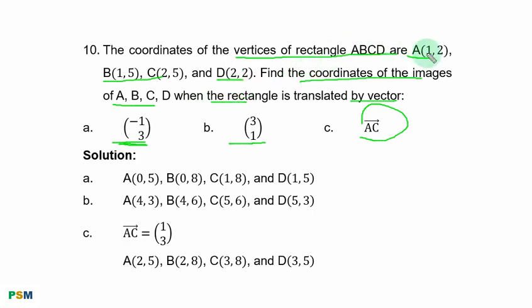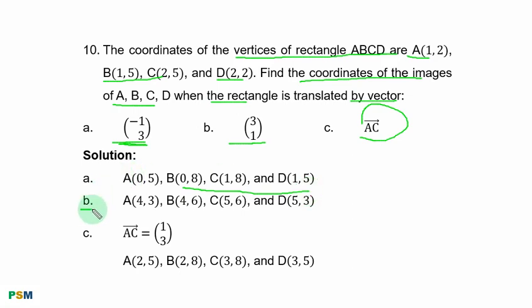So for the first coordinate, you have 1 plus minus 1, that is 0. 2 plus 3, you have 5. You move to the second one, 1 plus minus 1, that is 0. 5 plus 3, that is 8, and so on.